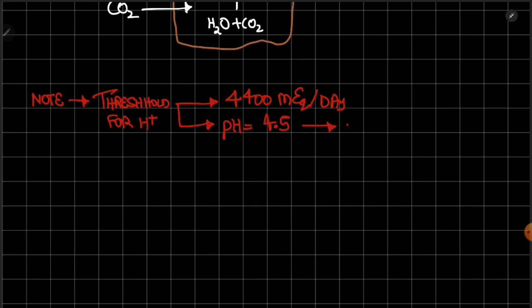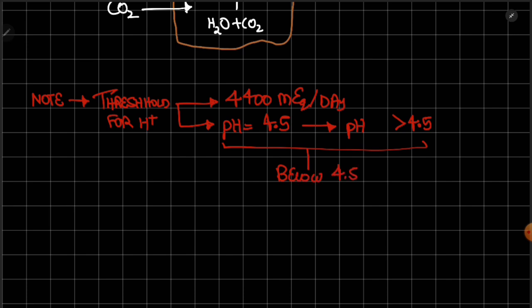This means pH should be more than 4.5. So basically below this pH, what will happen? What happens due to this is that the H plus excretion ceases. Let me just write it here.